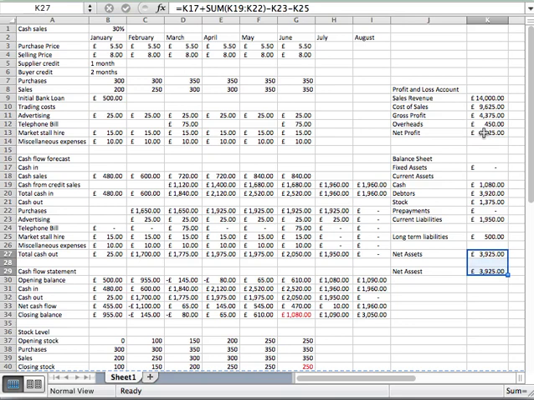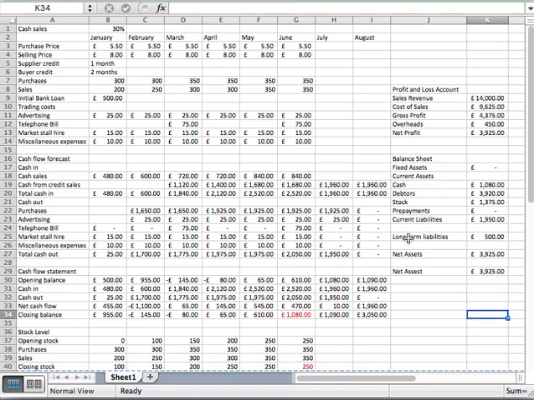Got to be careful in that that only applies in the first trading period, and we'll see that in another video. But those are the 3 documents. So that's the cash flow over here, giving us £1,080. Our profit and loss gives us a net profit of 3,925 over here, and our balance sheet shows that we have a net worth at the end of the 6 months of 3,925.